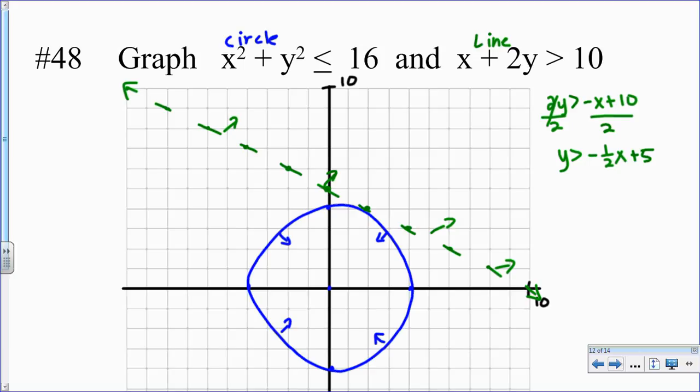My circle shouldn't go up at all anyway, where it is, like that should be the highest point here at 5. So this does not overlap anywhere, so it's no solution. That means no matter what you plug in for x and y, it won't be true for both. It can be true for one, but not the other.